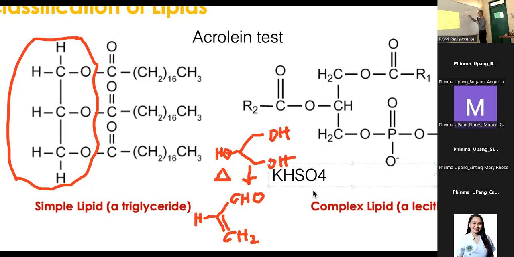You boil this with potassium bisulfate and you produce your acrolein. This is the aldehyde group, then CH2. Its structure is CHO and so on. This is acrolein. Those online, what is written on the board is the same as what I wrote on the whiteboard.